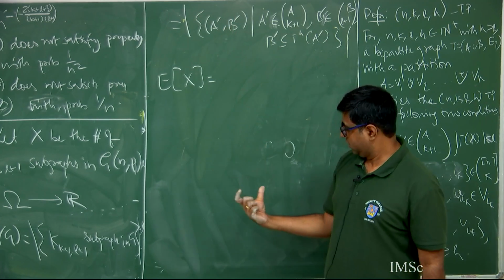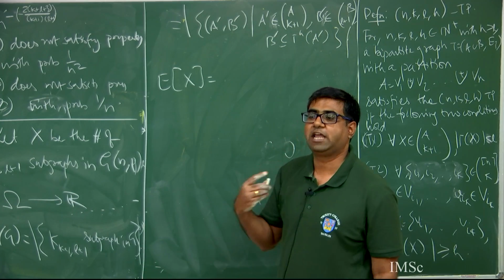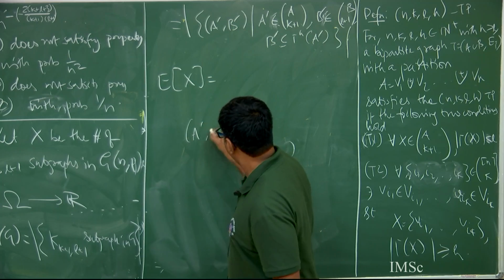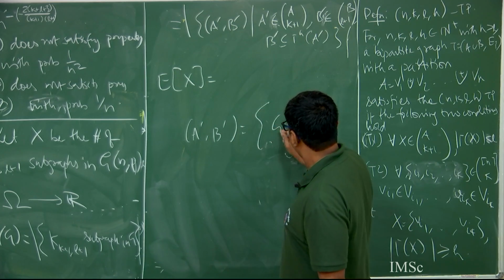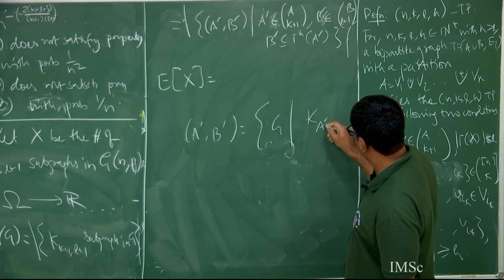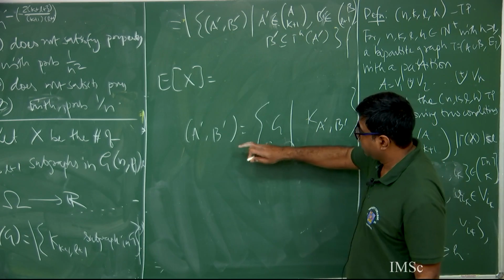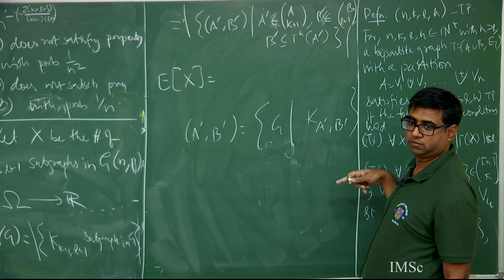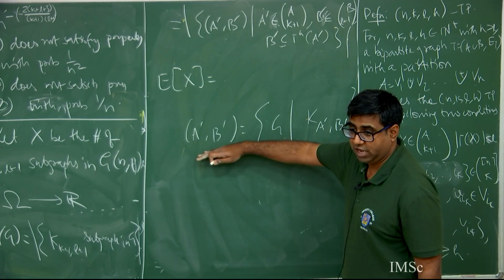If I fix A prime B prime, the event A prime B prime means all those graphs G such that there is a clique on A prime B prime. So when I write just A prime B prime, it is the probability of all these objects.